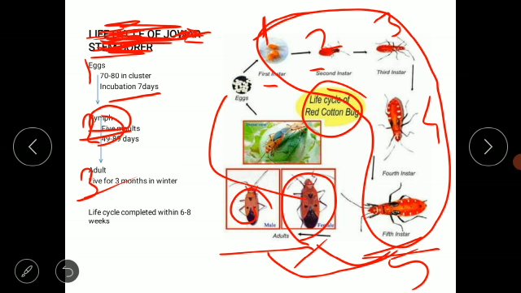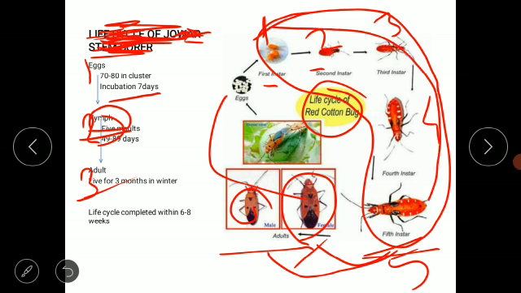If the environmental situations are quite good, the nymph undergoes molting very fast. And if the environmental situations are not good, the nymph shows a delay in growth. That's why there is a variation, that the nymph requires either 49 to 89 days to complete from first to the fifth nymphal instar.